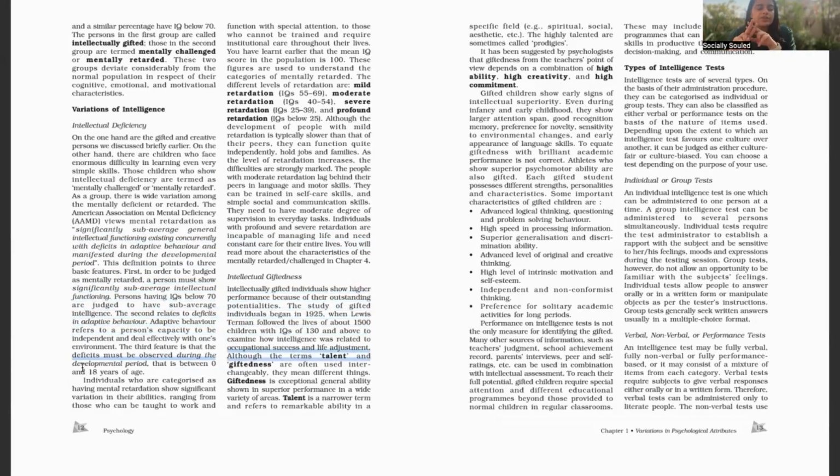Then there should be deficits in adaptive behavior. And the third is that these criteria have to be observed during the developmental period. Developmental period is nothing but from 0 to 18 years of age.